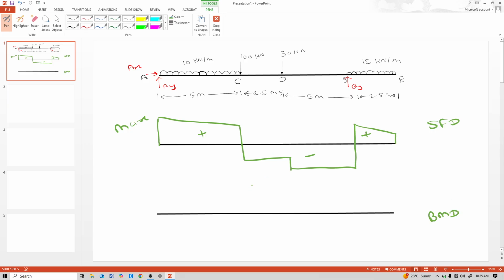At point A there is a hinge support, that means zero moment. Between A to C portion there is UDL, so a parabolic curve. So this is like this. C to D there is no load, so an inclined line.